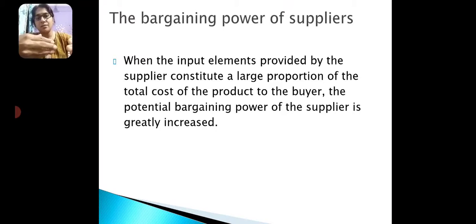You can easily bargain with them and fix the prices. Government intervention is also important. In some products there are regulated prices, or a price ceiling or price floor. All those things matter when we talk about the bargaining power of the suppliers. If their bargaining power is more, then you have to agree to their terms and conditions.